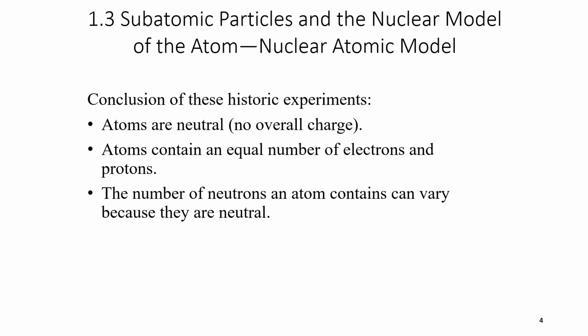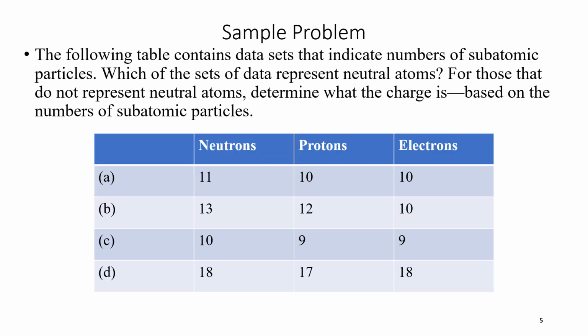The number of neutrons, though, in an atom can vary, and it is not going to change the neutrality of the atom because they're not charged. Let's take a look at a sample problem. In the following table, I have several different data sets that contain numbers of subatomic particles. Which of the sets represents neutral atoms?